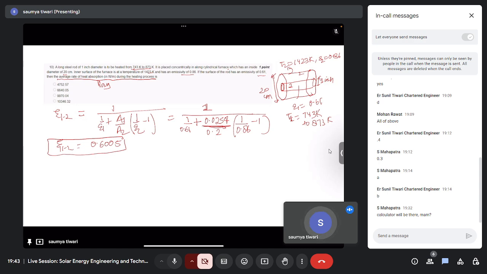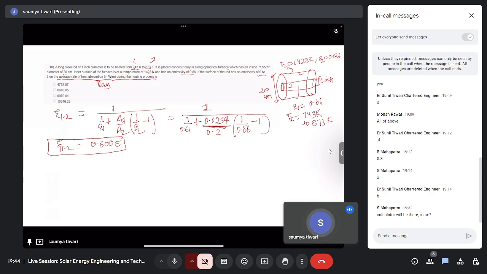Now you got the view factor, right? What next we have to look at is the rate of heat absorption. Initially the temperature was 743, and the final temperature at the end will be 873.